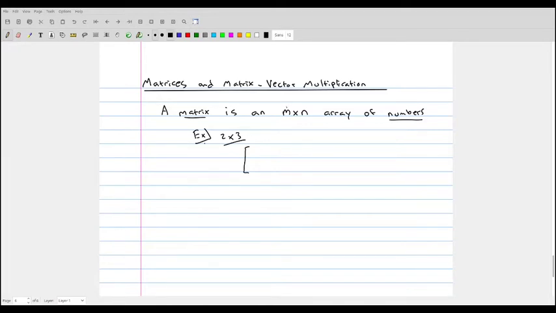So m is the number of rows, and n is the number of columns. So for example, a 2 by 3 matrix, you could have 4, pi, e to the 1, 9, 10, 6.